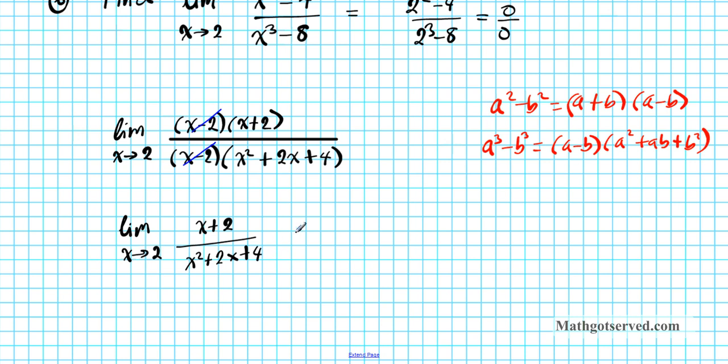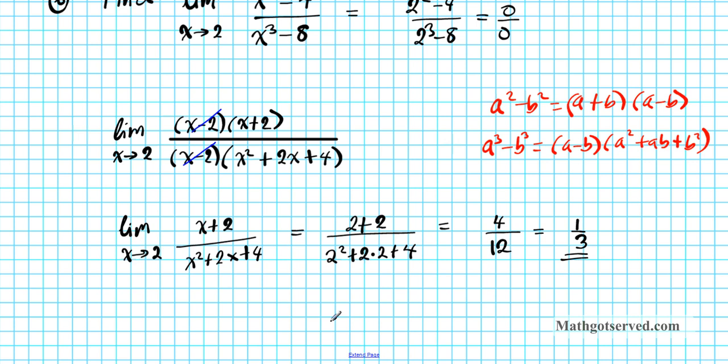Now we can plug in 2. We'll have 2 plus 2 divided by 2 squared plus 2 times 2 plus 4. 2 plus 2 is 4, over 4 plus 4 plus 4, which is 12. Divide top and bottom by 4, and you end up with 1/3. So there goes your result.